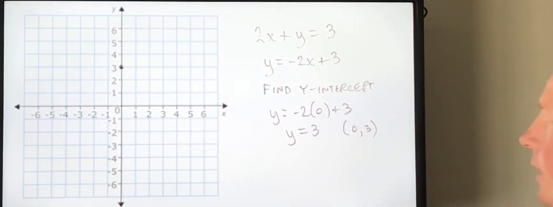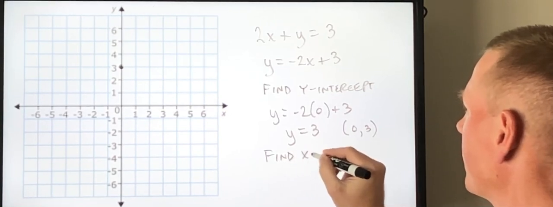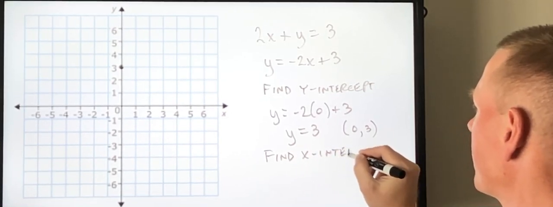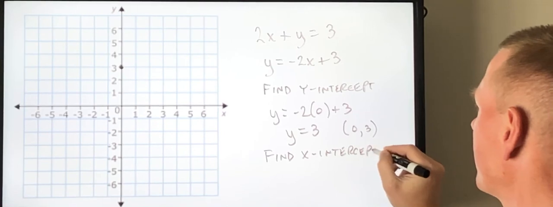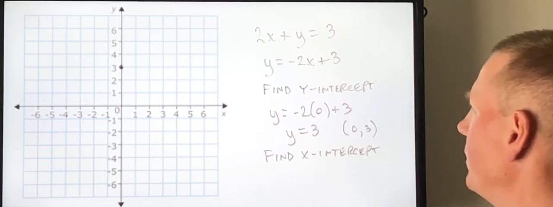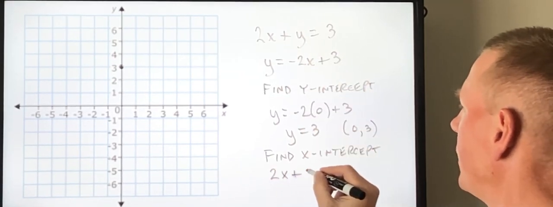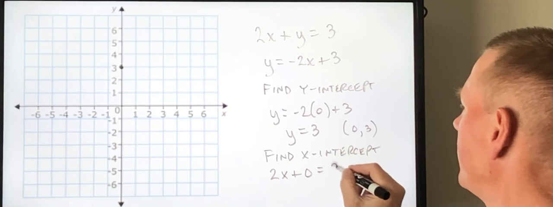Now if I want to find my x-intercept, I'm going to put in 0 for y. So again, if I go back up here, 2x plus 0 equals 3.